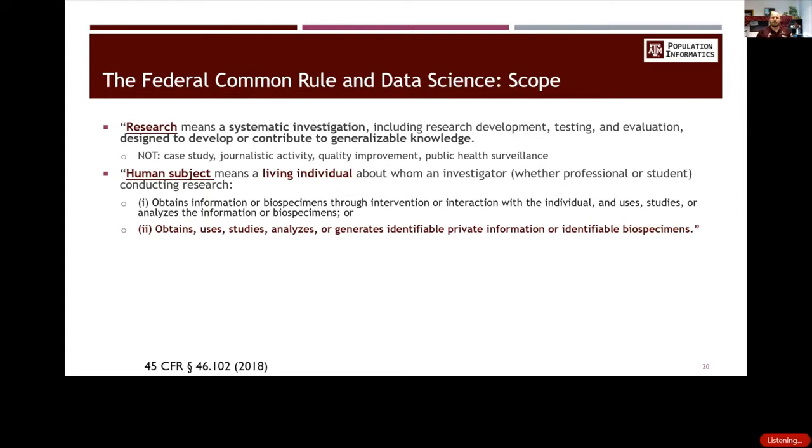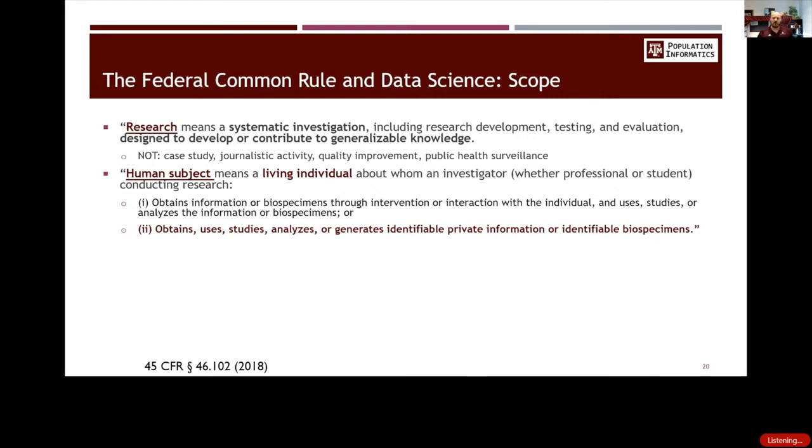So let's get far more specific here with our regulations. And I want to take a look at the scope of the common rule. There are two critical definitions in the law for the common rule scope. One is research, and the second is what is a human subject.